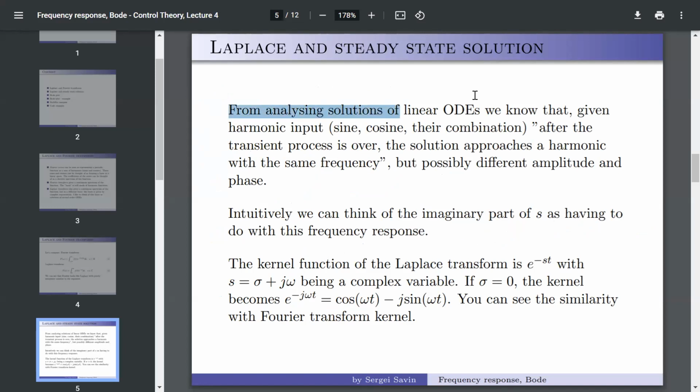Again, from analyzing solutions to linear DEs, we know that given a harmonic input, after the transient process is over, the solution approaches a harmonic with the same frequency, but possibly different amplitude and phase. Intuitively, we can think of the imaginary part of s, this Laplace variable, as having to do with the frequency response.